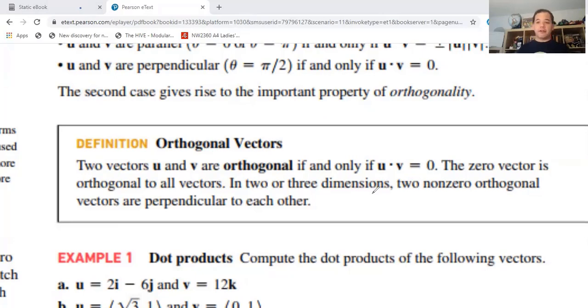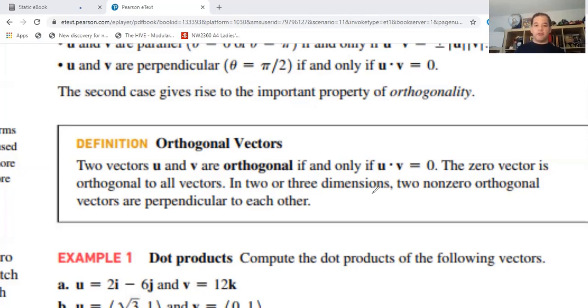It means that the 2 vectors are perpendicular when they are non-zero, or it means that one of the vectors is 0, right? If one of the vectors is 0, then that 0 vector is orthogonal to everyone else, because when you do the dot product of 0 with anything, it will be 0, according to the definition we learned.